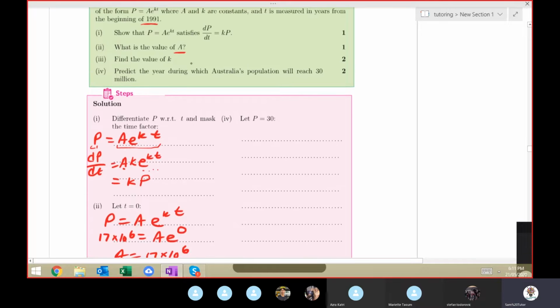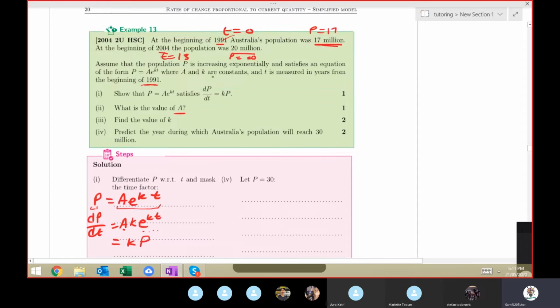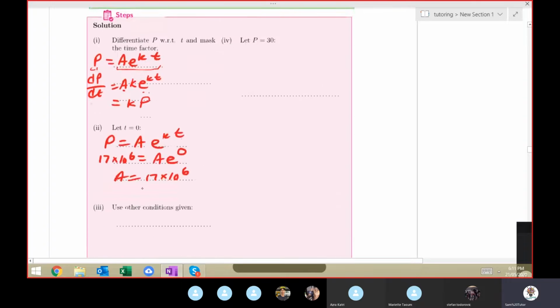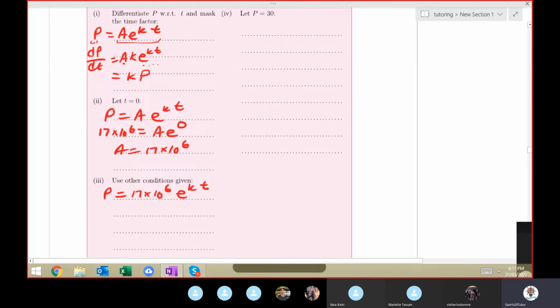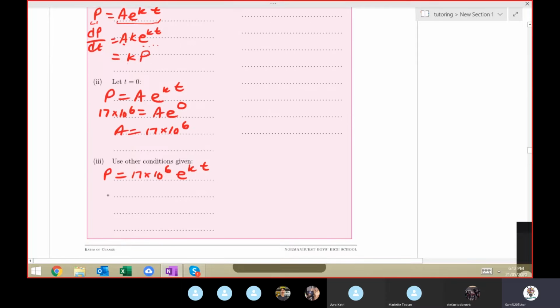Find the value of k. To find the value of k, you use your second condition when time is 13 and population is 20 million. Again, what do we have now? We've got P equals A e^(kt), right? But now we also know when time was 13, population was 20 million.